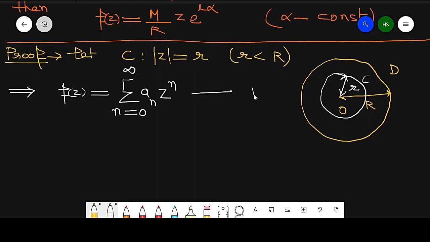So this is equation number 1. So this is by Taylor expansion. So we write it in the form of Taylor expansion around the origin.